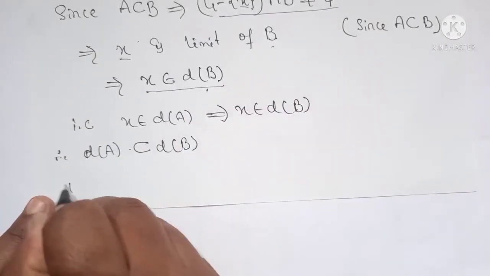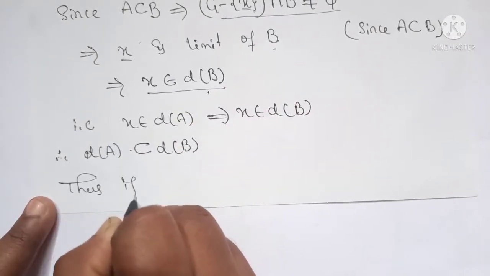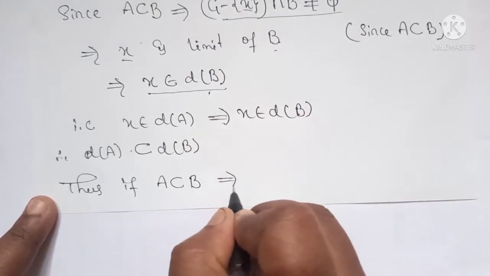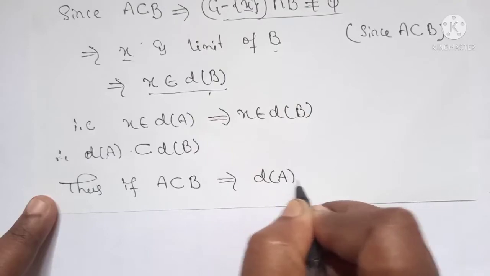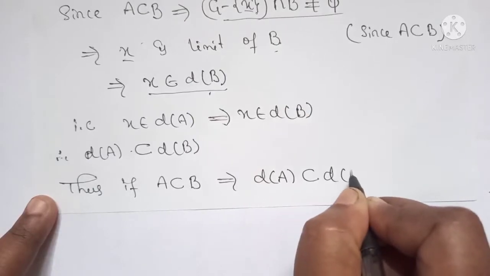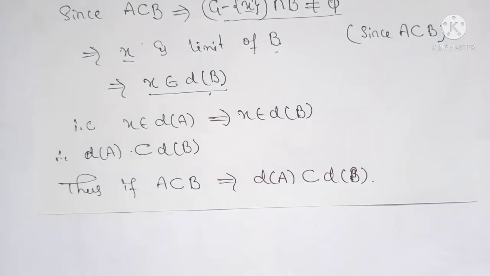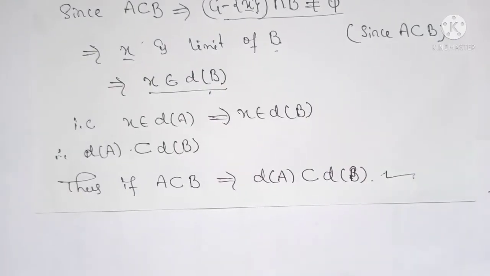Therefore, if A is a subset of B, it implies that the derived set of A is a subset of the derived set of B. Okay, so this is the important result.